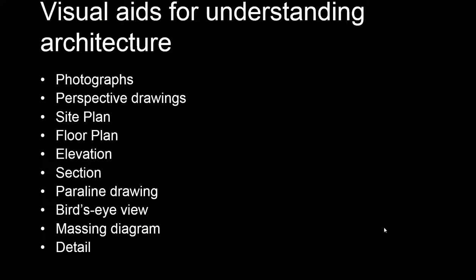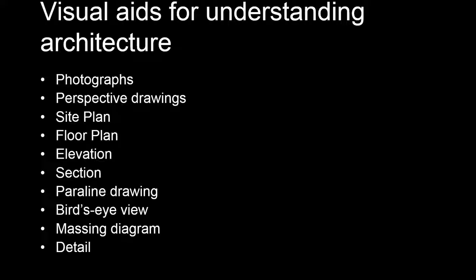Okay, guys. So I've got to sort of back off from the microphone here so that it's not so loud. But this last presentation for today is going to be about visual aids that you will be using for understanding architecture.